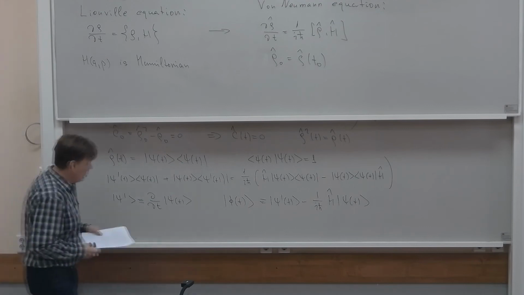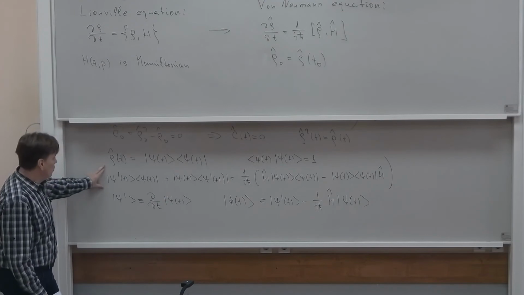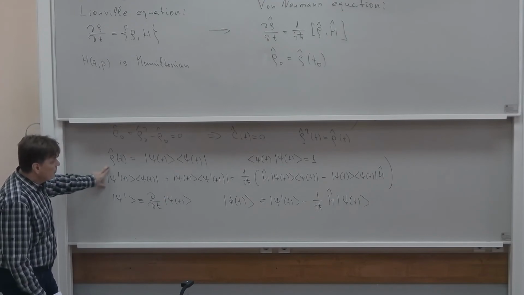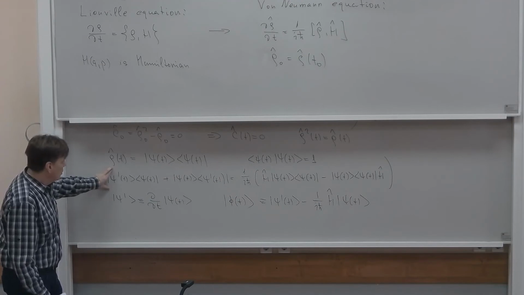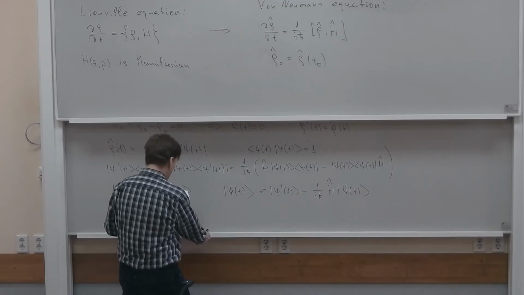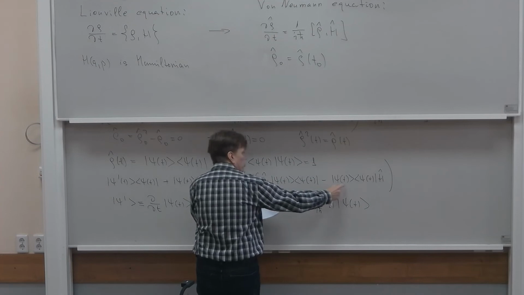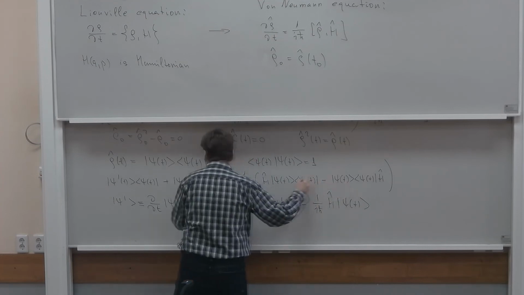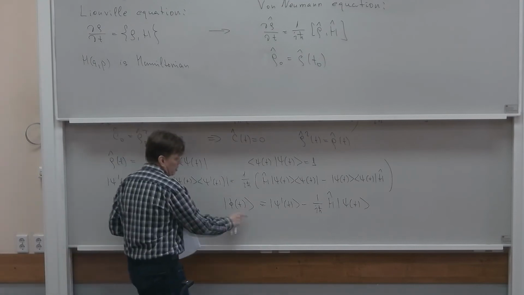And in terms of this auxiliary vector phi, the original von Neumann equation for the projector takes a very, very compact form. I just move all the terms from the right hand side to the left hand side and then combine them to get the vector phi.